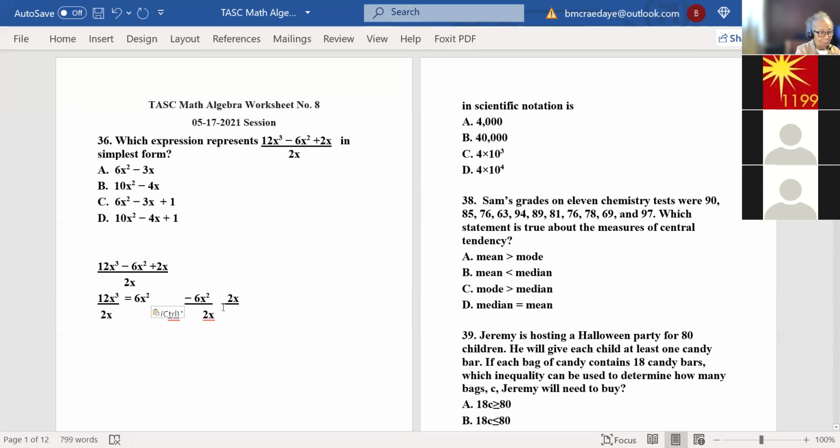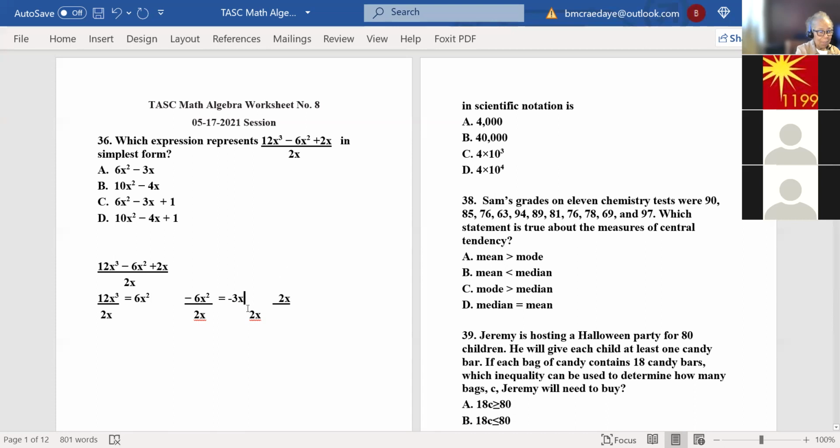Now, what is minus 6x to the second divided by 2x? You'd have minus 3x. Let's just put this here. 2 into the 6 is 3, and it's a negative, so that would be a negative. So you got minus 3x.